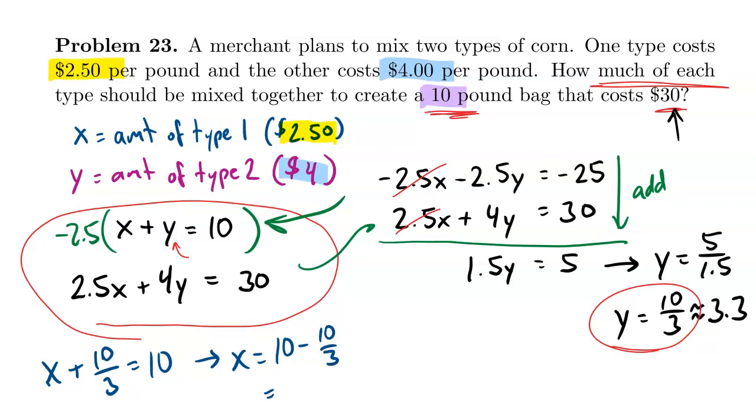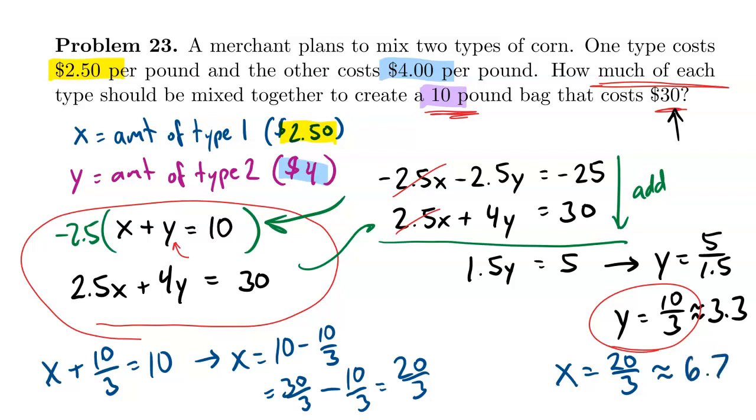But I can think of 10 as 30 over 3, and if I subtract from that 10 over 3, I'm left with 20 over 3. So the value for x must be 20 over 3, or as a decimal value, approximately 6.7.